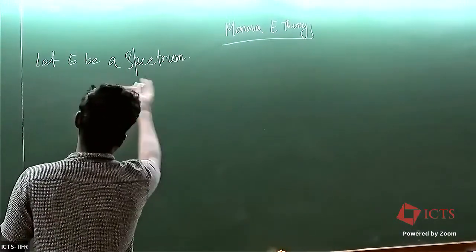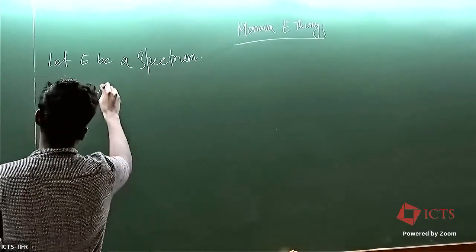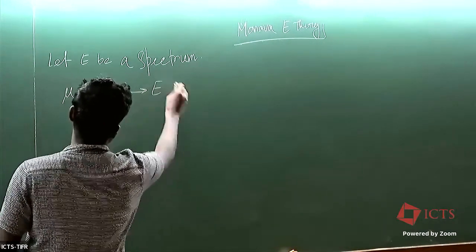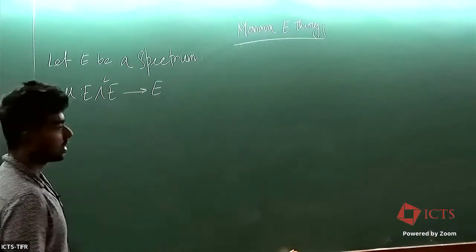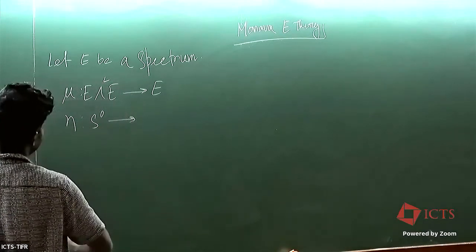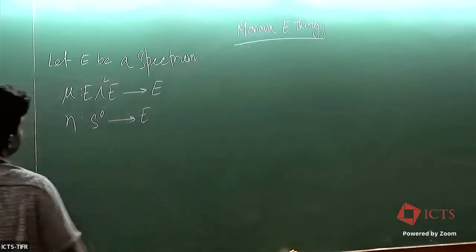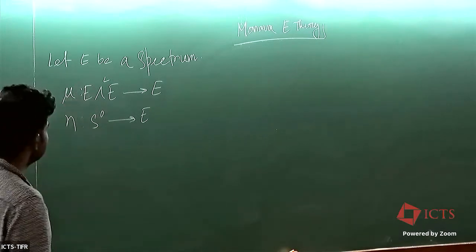E is a spectrum, and I want to have a multiplication from E smash E to E. This is like R tensor R to R, and also there is a unit map from the sphere spectrum to this. They satisfy a bunch of conditions like associativity and so on.